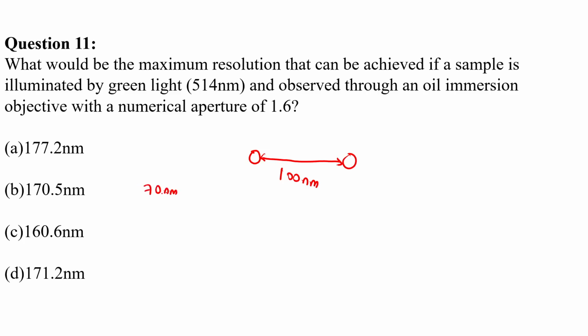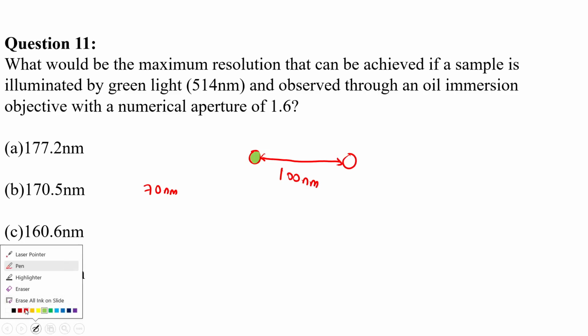That means it can see particles that are separated by 70 nanometer or more. These particles are separated 100 nanometers apart, so I can clearly see these two particles as two separate entities. Let's color one particle green, so I can differentiate between the green and the red particle very clearly.